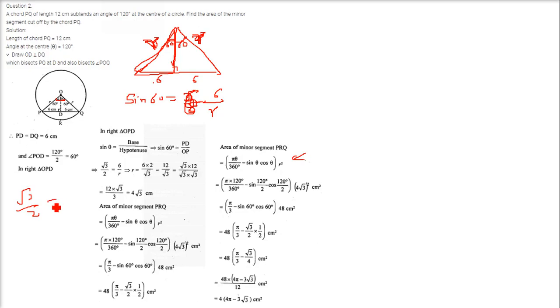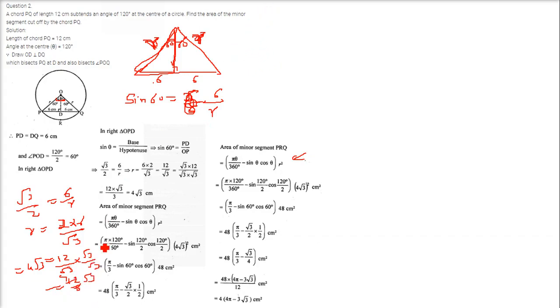Sine 60 is root 3 by 2, so root 3 by 2 will be equal to 6 by r. r will be 2 into 6 by root 3, that is 12 by root 3. Now multiply root 3 in the numerator and denominator, you get 12 root 3 by 3. This 3 will become... 3 4s are 12. You get 4 root 3.